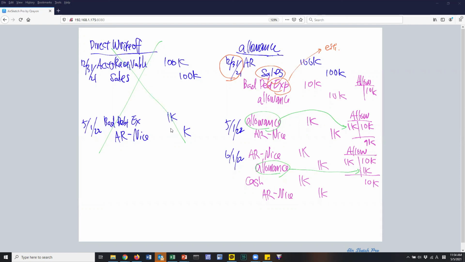And the estimate is based on the company's own historical report, right? Or company's own judgment. Again, your expense, one of the important factors that affects your bottom line, which is net income, is based on company's subjective judgment.